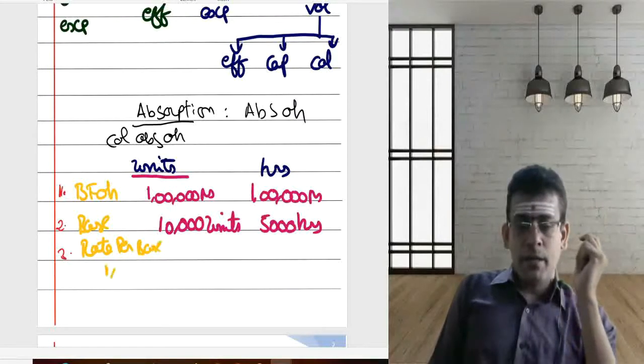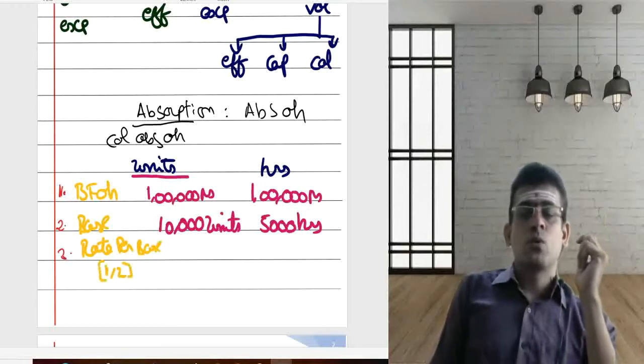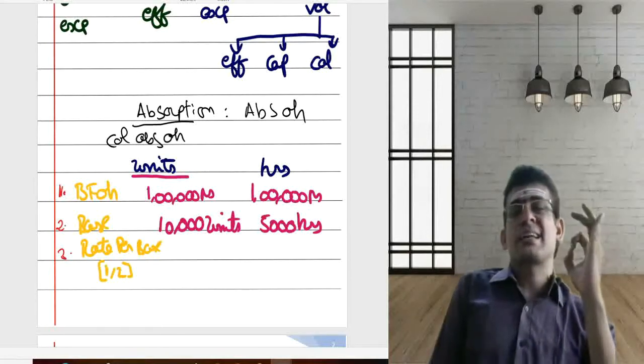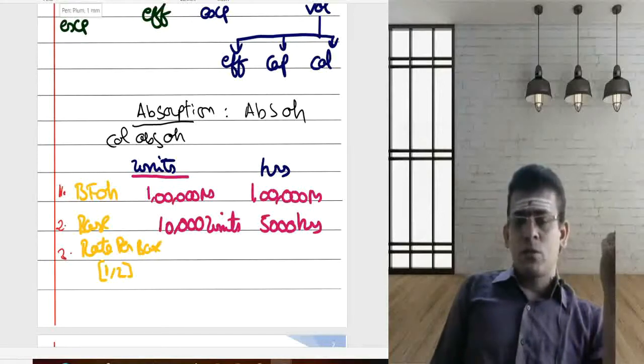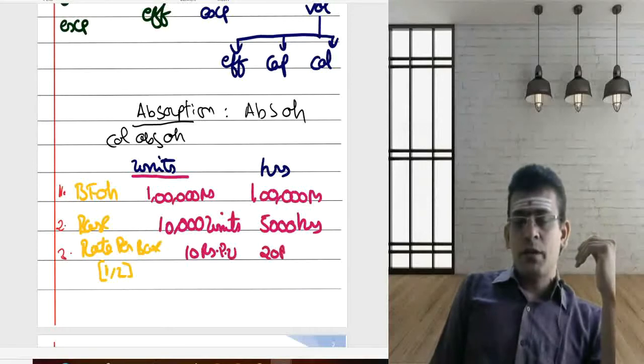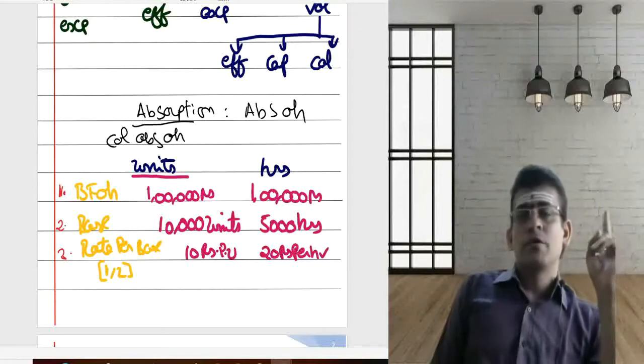Step 1 divided by step 2, I will get something called rate per unit, rate per hour. 1 lakh divided by 10,000, you get 10 rupees per unit. 1 lakh divided by 5,000 gives you 20 rupees per hour. So 20 rupees per hour is the value which you are getting.